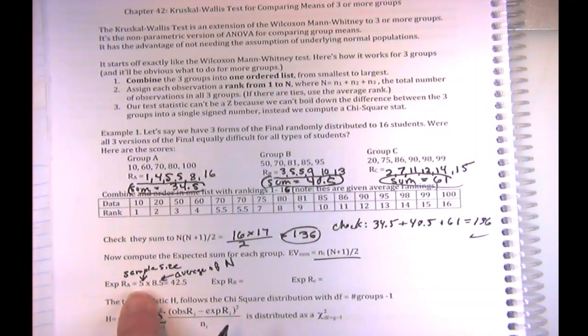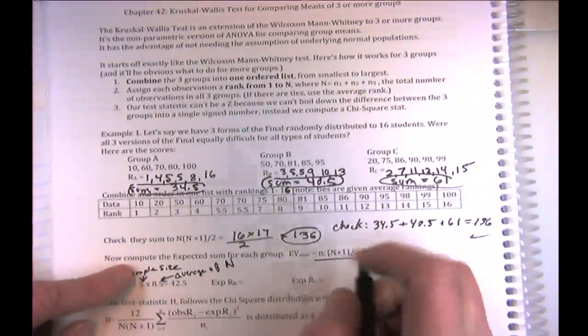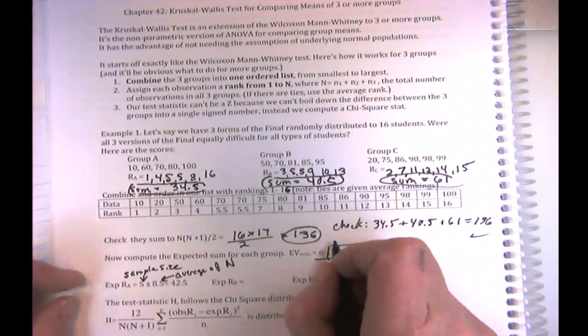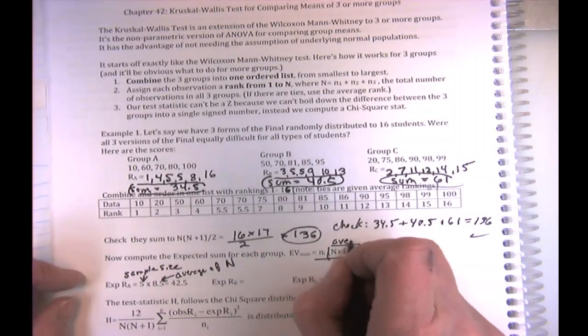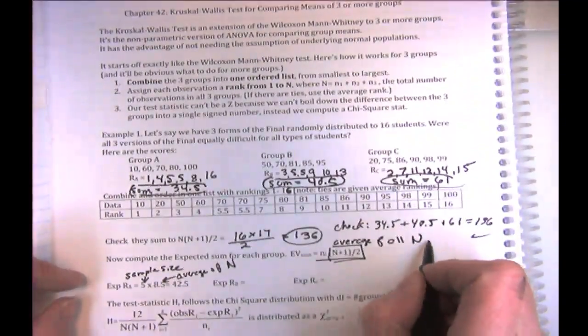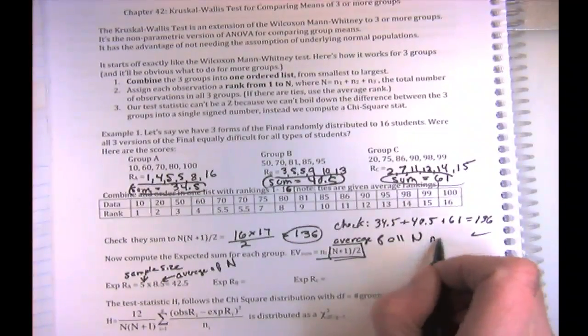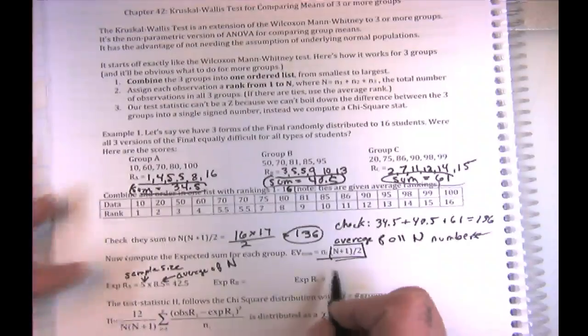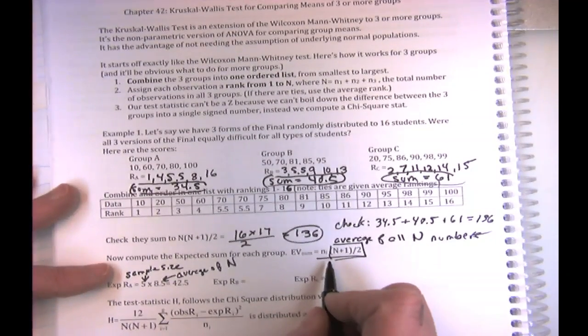This right here is the overall average, the average of all numbers, and this number right here, that little n sub 1, is the sample size for each group. Does that make sense to everybody?